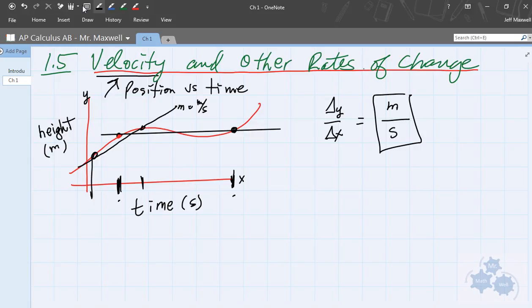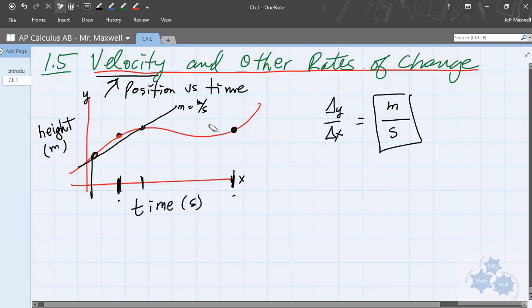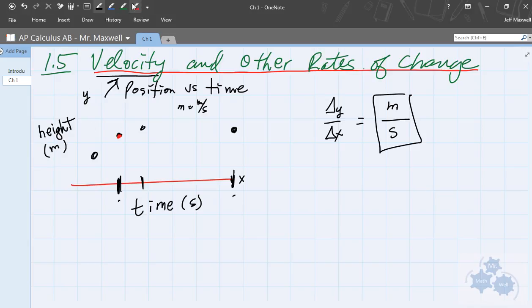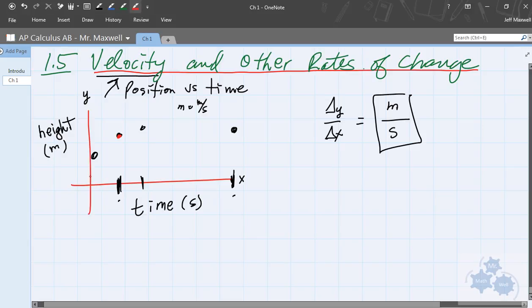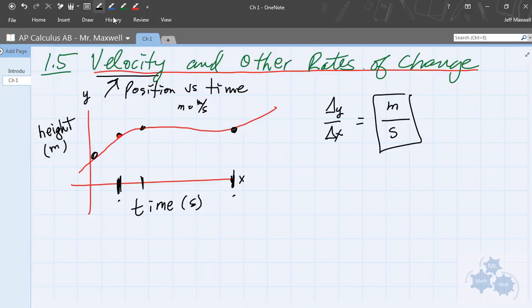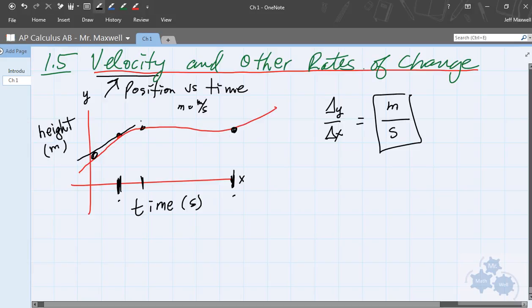So if we go back now and ask what the slope of a tangent line actually represents, the erase function doesn't work very well in this, so let's just redraw this. Okay, so there's our line, and it's a tangent line to the curve.